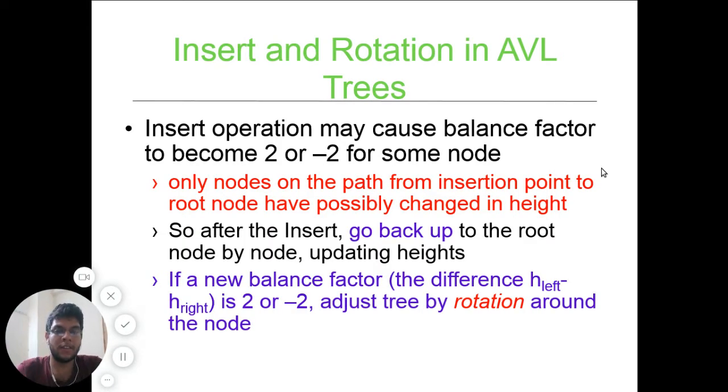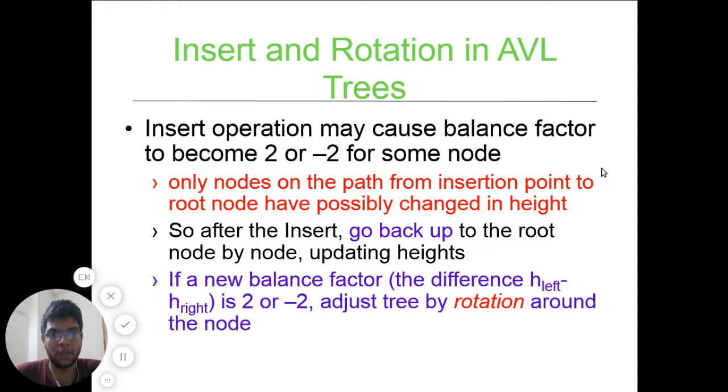So we need to develop algorithms to maintain the invariant of the AVL tree. By just maintaining the invariant about the balance factor, our mathematics says that its height will be log n. So we as computer scientists guarantee its balance factor to be between minus 1 and 1, and mathematics guarantees us that the height will be log n.